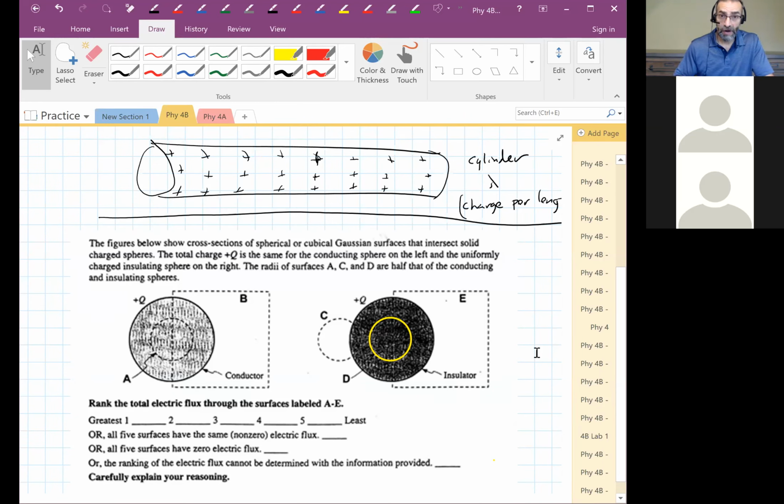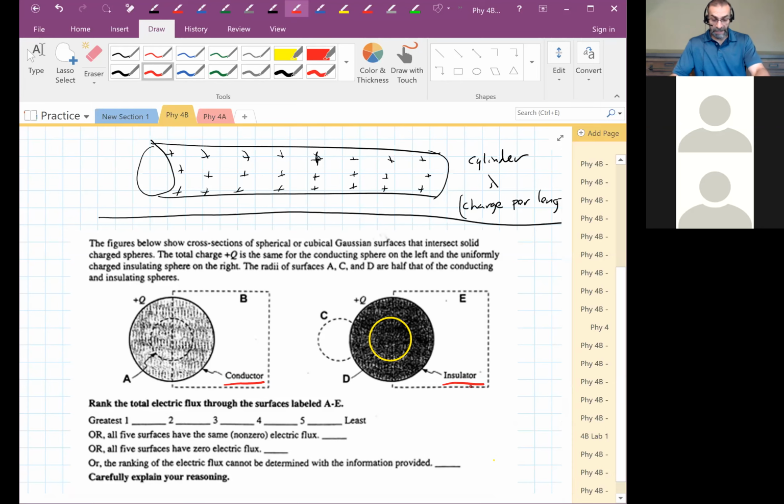We're seeing kind of a cross section of them, and different Gaussian surfaces we're imposing on the problem. So the one on the left is a conductor, and the one on the right is an insulator.